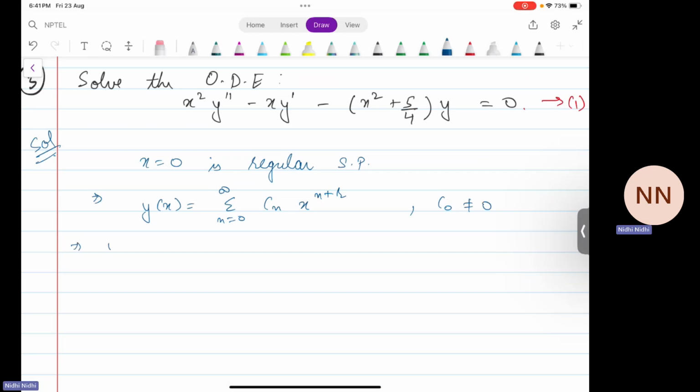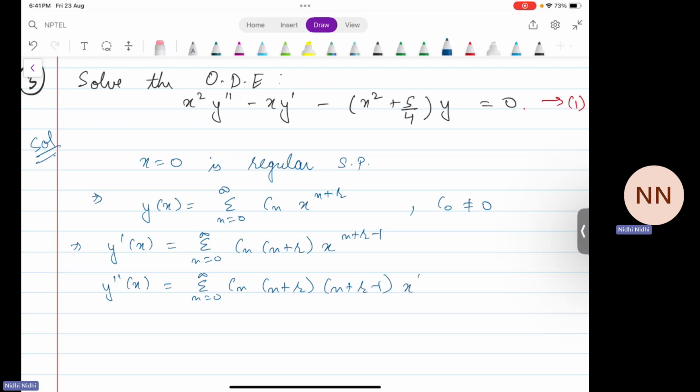This implies y dash x is equal to summation n from 0 to infinity Cn (n plus r) x to the power n plus r minus 1. y double dash x is equal to summation n from 0 to infinity Cn (n plus r)(n plus r minus 1) x to the power n plus r minus 2.